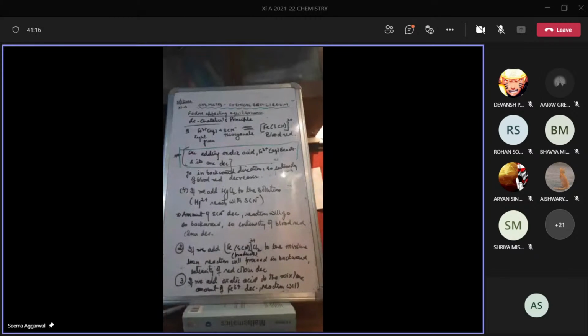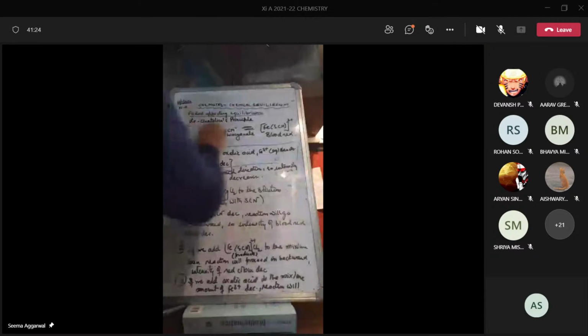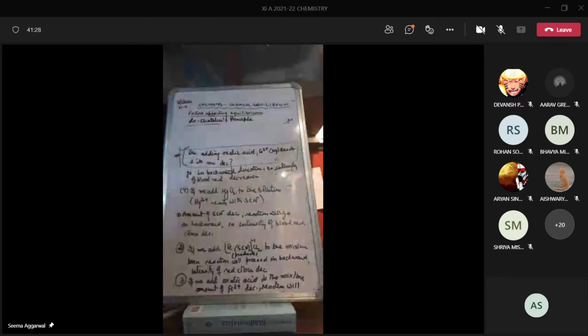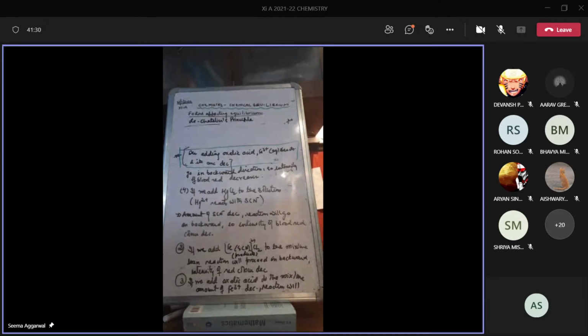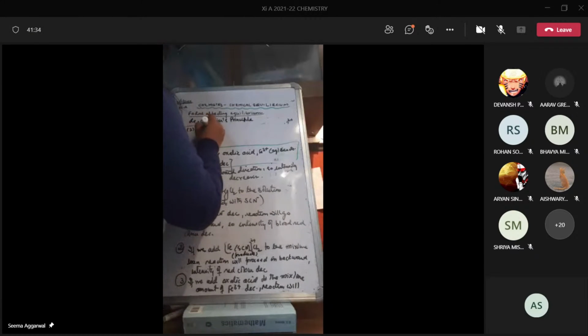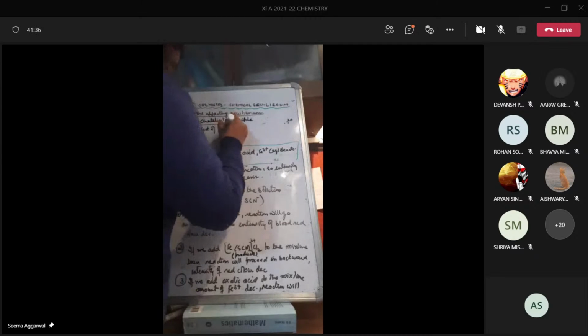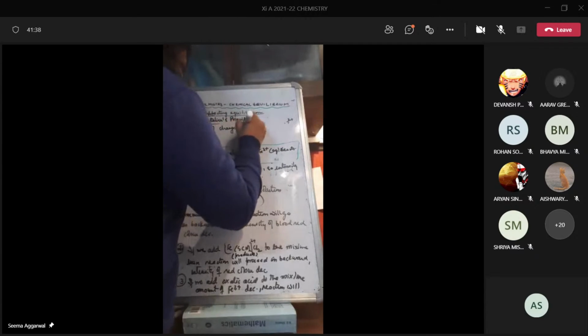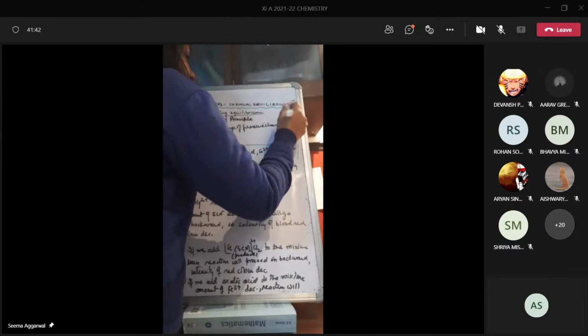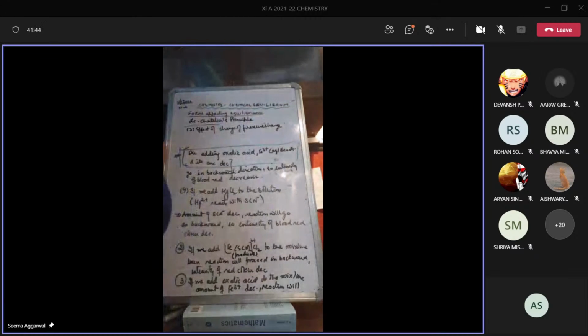First, what we have done is the effect of change of concentration. Now the second point is the effect of pressure change.